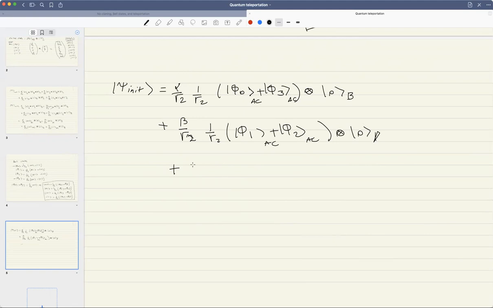Then I have again alpha over square root 2. Now I have 1, 0 instead of 0, 1. So 1, 0 is going to be 1 over square root 2, now it's phi 1 minus phi 2. So here I have 1 of B.